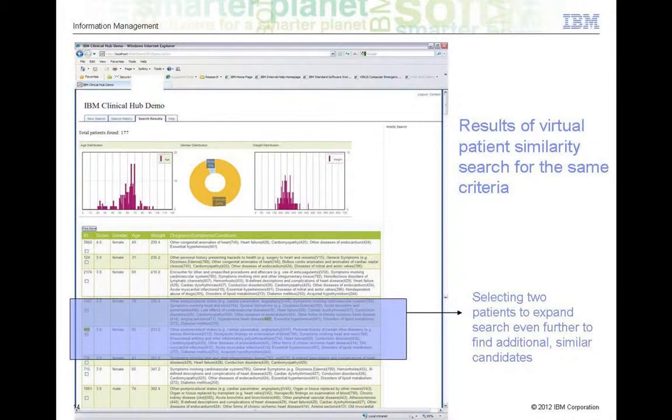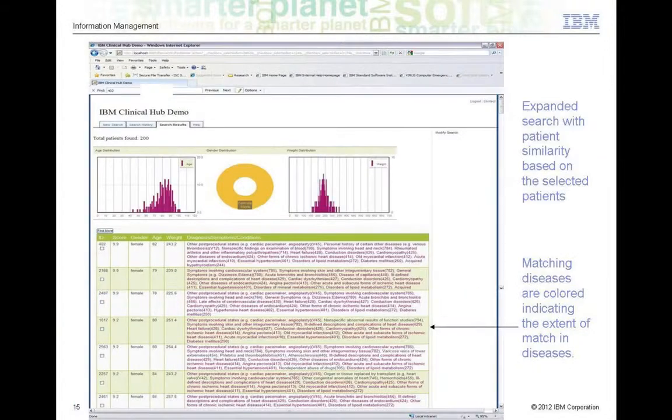So the researcher would go through this expanded list, select the ones that he thinks are closest to the type of patient that he's looking for, and then he would say, okay, now go find me more like this. But instead of the original limited information that he put in on his inclusion criteria, it uses the complete record for each of those patients and then pulls back similar ones to that.